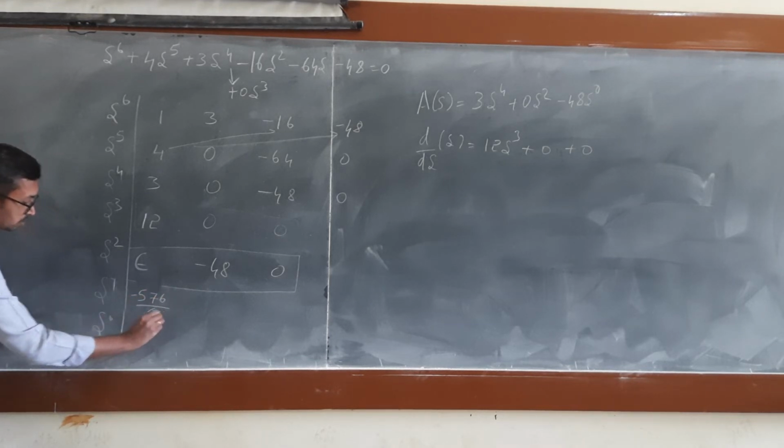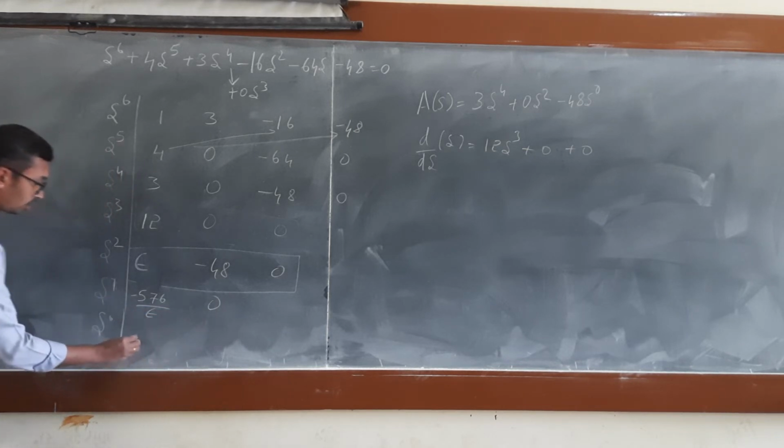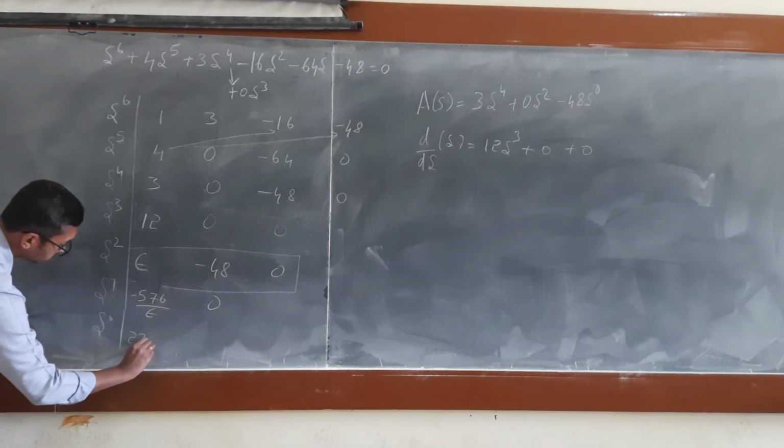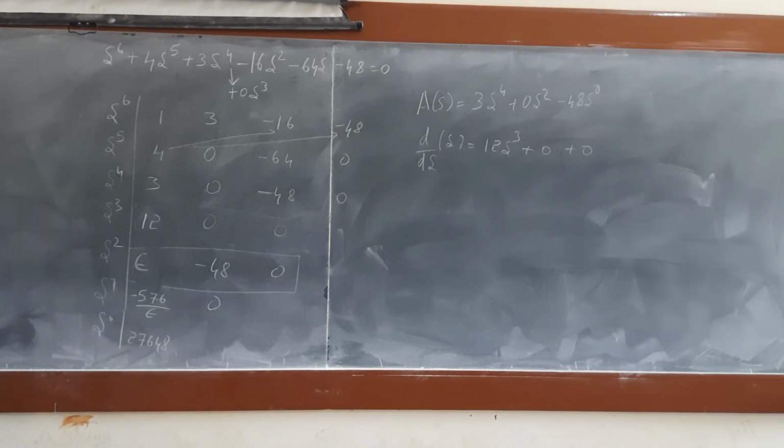divided by epsilon. Next one, 0. This one is 0. What about this one? 27648. Is it right? Minus 48.